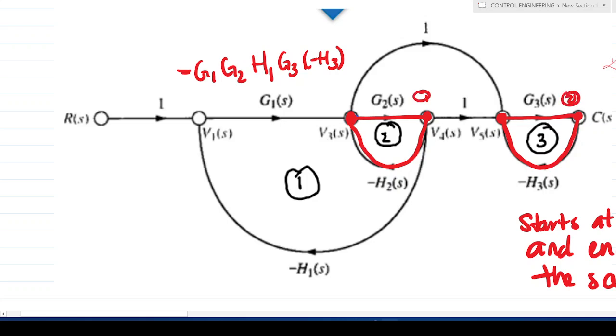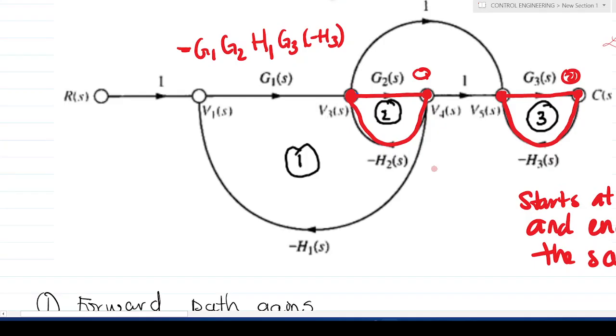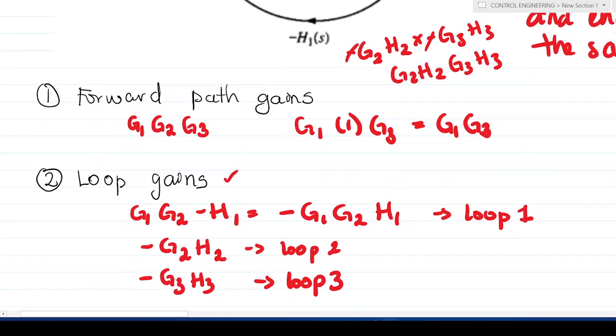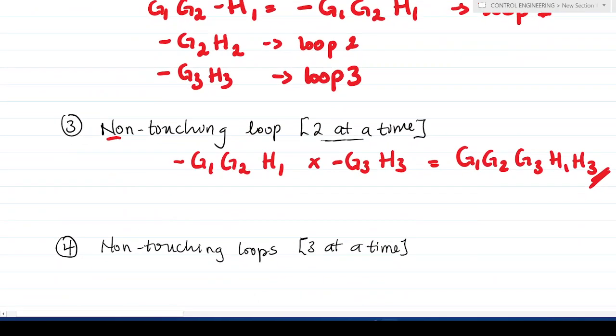Therefore, we have found another two non-touching loops, and that is G2 times minus H2 and G3 times minus H3. So that will be minus G2 H2 times minus G3 H3. The minus will cancel out, so we're just left with G2 H2 G3 H3. Let's write that out. That will be G2 H2 G3 H3.